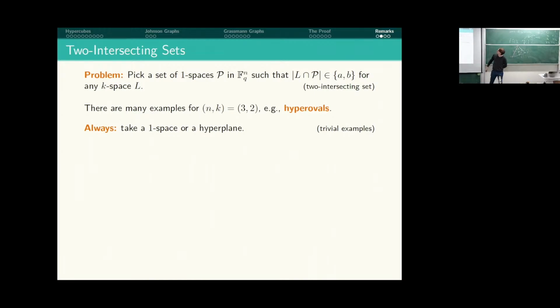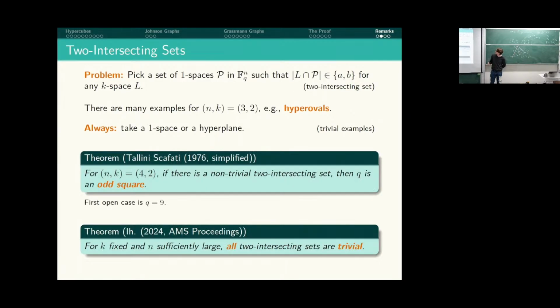And maybe you have heard of hyperovals, I don't know. And it is a very long open problem. You know for a very long time that many of these sets exist for n equals 3 and k equals 2.